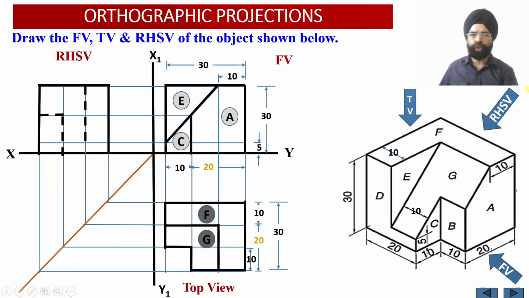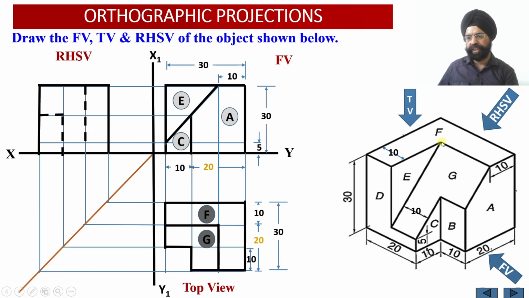Now let us move on to this edge over here, that is this inclined edge of the surface G. This inclined edge of the surface G is located 10 millimeter from this particular edge. Where is this edge located? In the top view, it is located over here, right? So the inclined edge is at a distance of 10 millimeter from this edge, that is this one. Now once I project it over here, this is going to get me this inclined edge, but I have drawn the dotted line only up to the height of 5 millimeter.